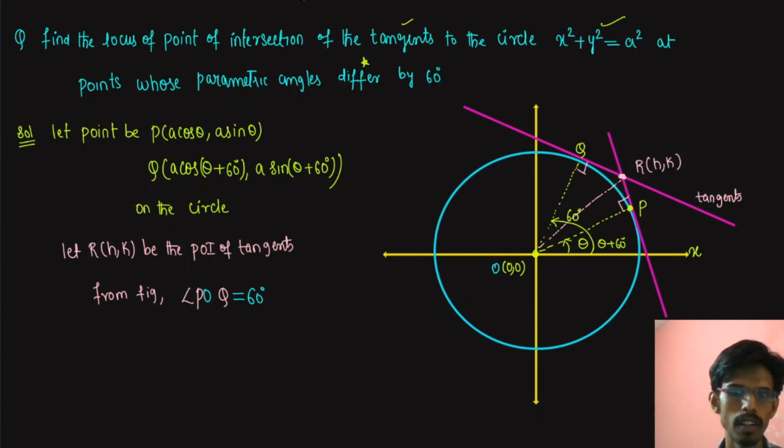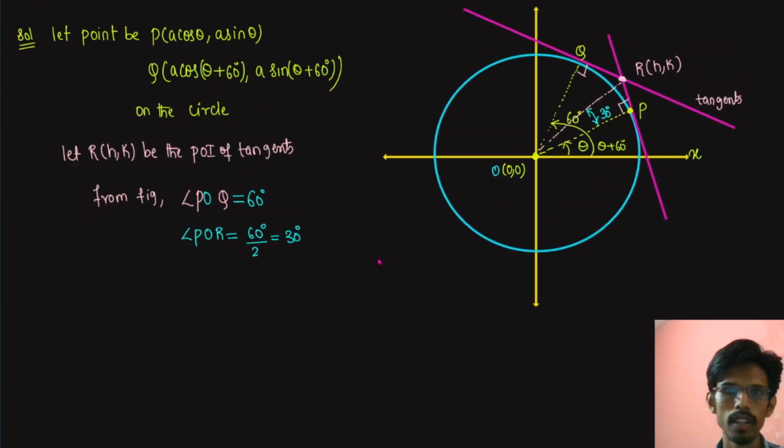Similarly, if I bisect the angle, it will become 30 degrees in this triangle POR. So angle POR will be 60 by 2, that is 30 degrees.